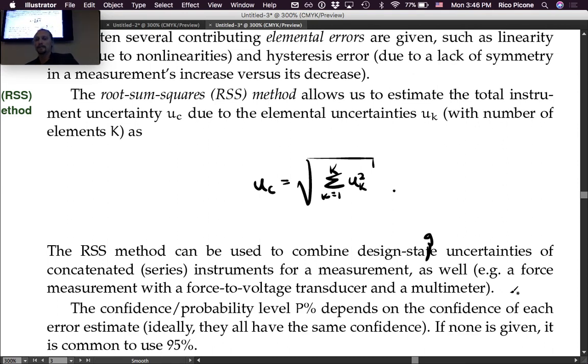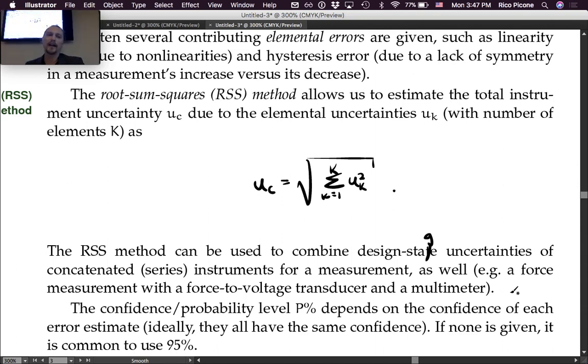Now, it's important to realize that some measurements are made directly like this, like a voltage which came from a force, and we make that measurement. Other times, we measure one thing and we use it in a formula to compute something else.